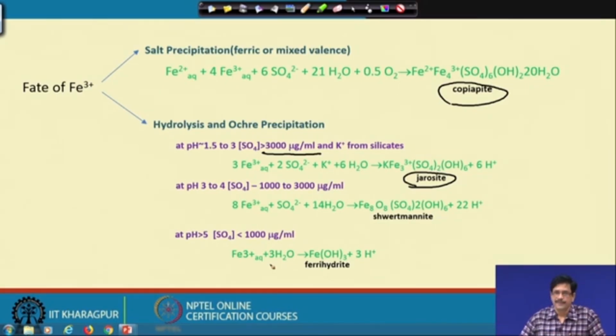Such processes are expedited and facilitated by microorganisms like bacteria, in which a copious amount of H+ ion is released to the solution, and the pH can fall as low as 1.5 to 3, favoring formation of mineral phases like jarosite or schwertmannite. And if the pH increases by reaction with the rock, where there is a sink available for the H+ ion, then ferrihydrite will form.